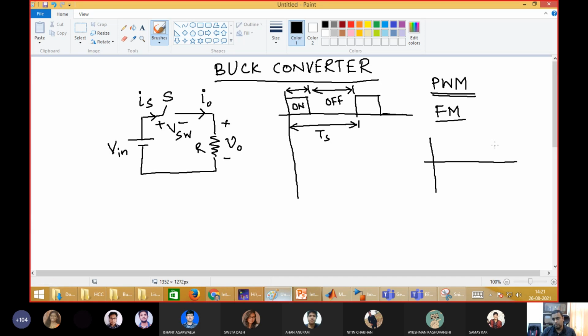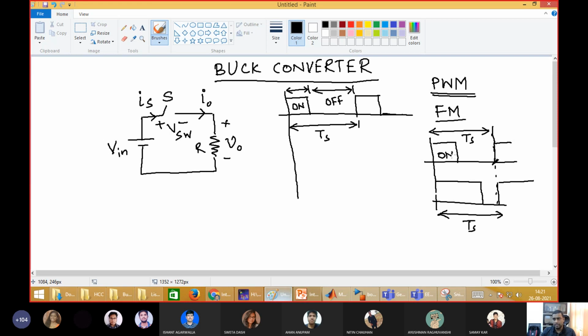First let me explain what pulse width modulation is. In pulse width modulation, this is the pulse, and it appears again here. This is the time period, which is fixed, the Ts. Next time, if you want to change it, the pulse width of the pulse we are changing. This remains Ts.